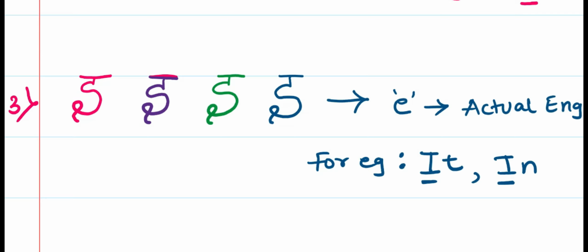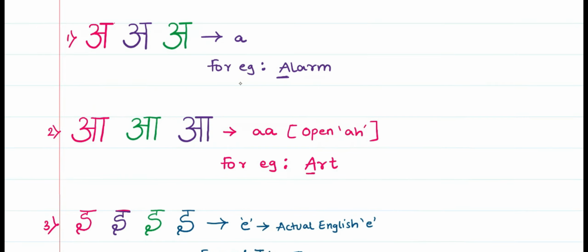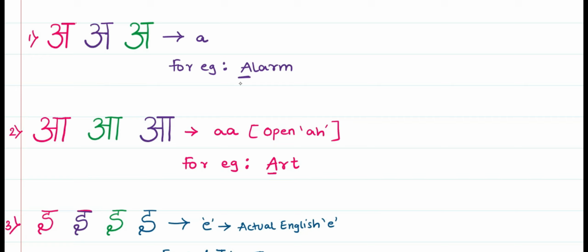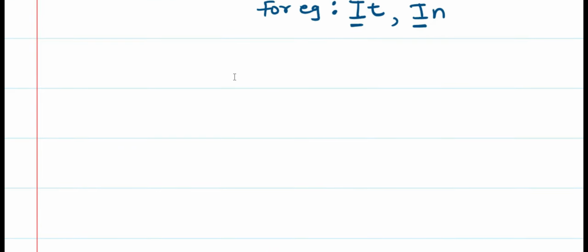E, E. Can you try it? That's all right. You got it. So the first letter is a, second is aa, third is e. You got it.